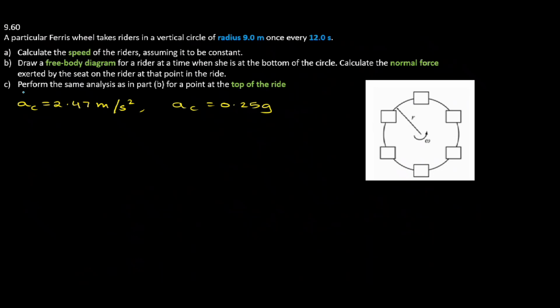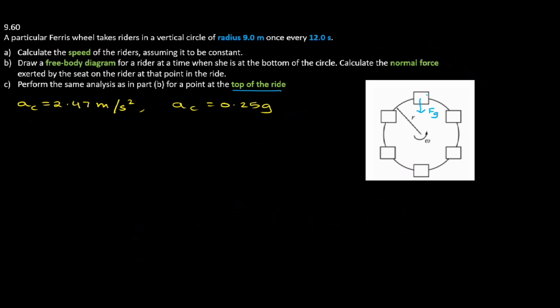In part C, they are asking you to perform the same analysis as in part B for a point at the top of the ride. So we are going to take a point on the top of the ride, which is here, and perform a similar analysis as we did for part B and calculate the normal force. We first start with the force due to gravity acting vertically down, which is Fg.